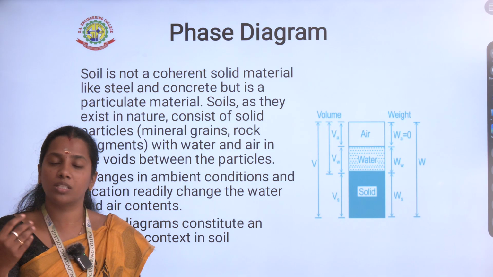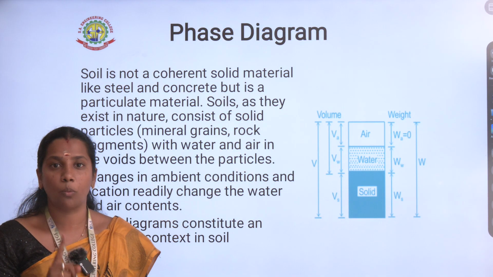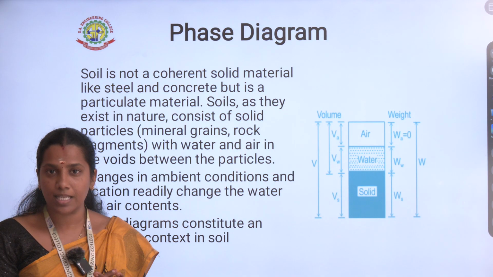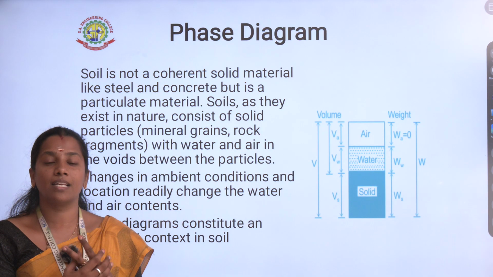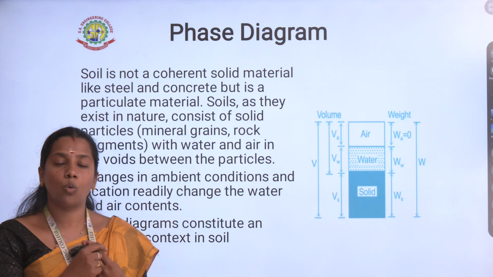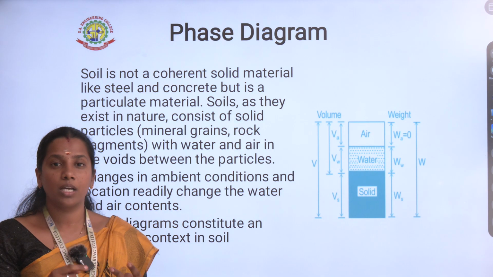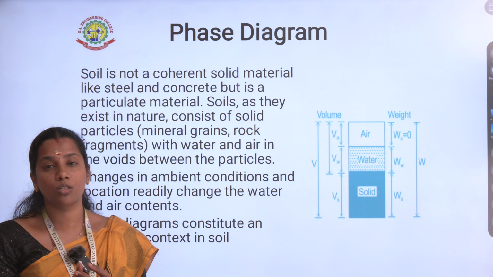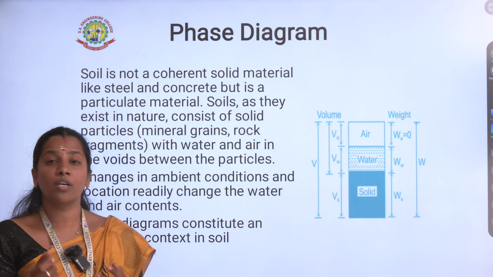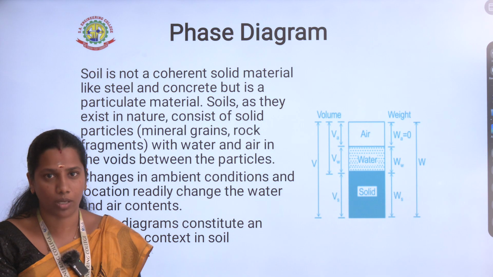Both can be present, so we deal with three major phases: solid particles, water, and air. If the entire voids are filled with water, then it is called saturated soil. If the voids are entirely filled with air, it is a dry soil.